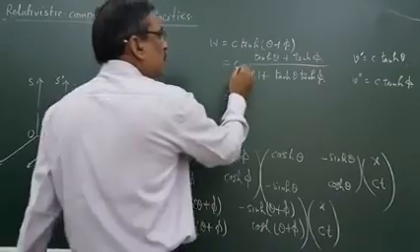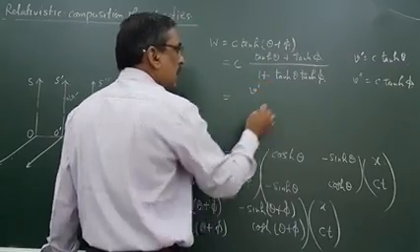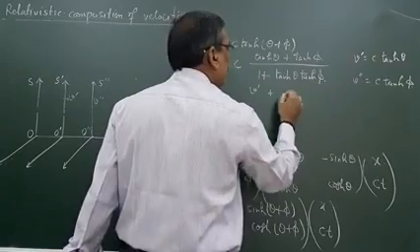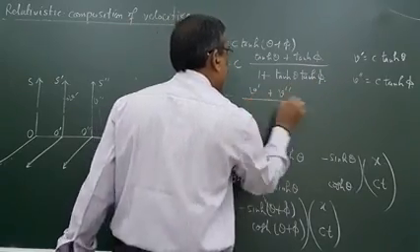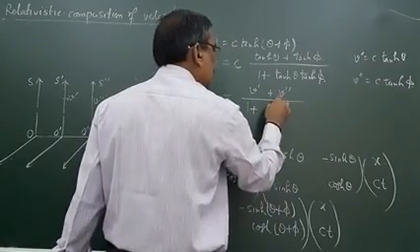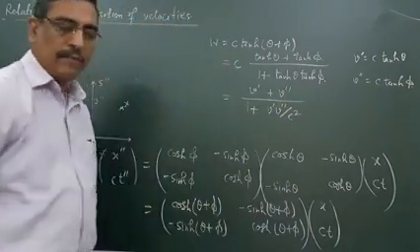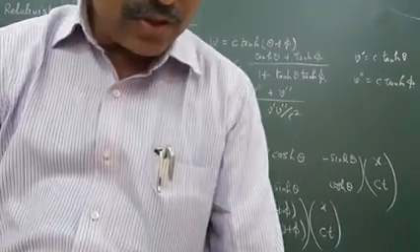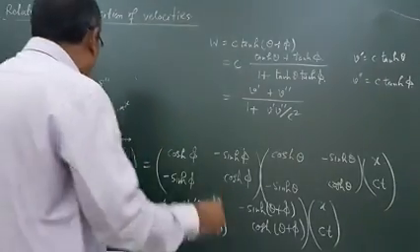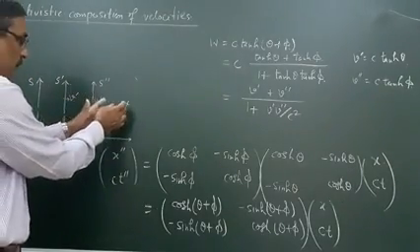So c tanh theta is v dash, and c tanh phi will be equal to v double dash upon 1 plus v dash v double dash upon c square. So this gives us the composition of velocity v dash and v double dash.